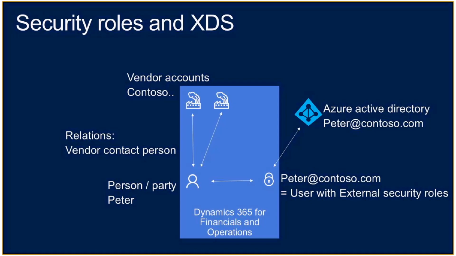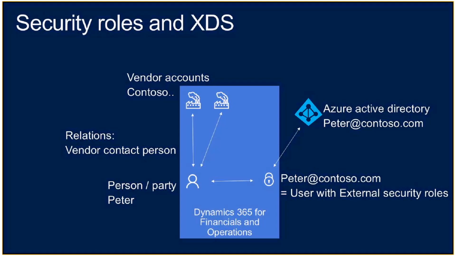That person is associated with a user account here, which is peter@consoler.com, and that user has specific security roles. That user also needs to be registered as an Azure Active Directory (AAD) account in order to be authenticated to log in to Dynamics 365. So this is the whole authentication.